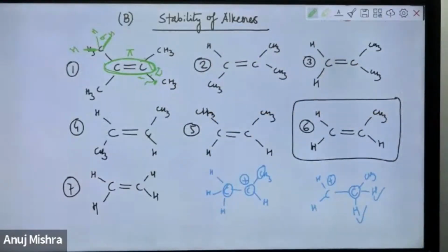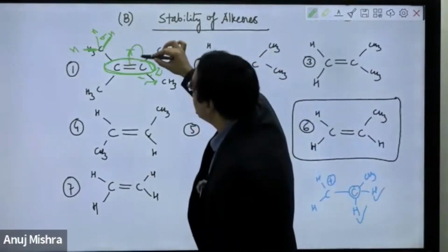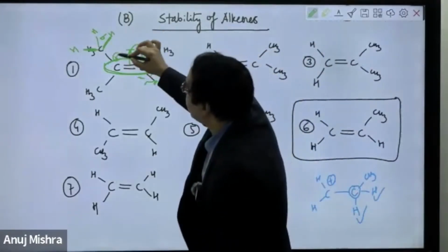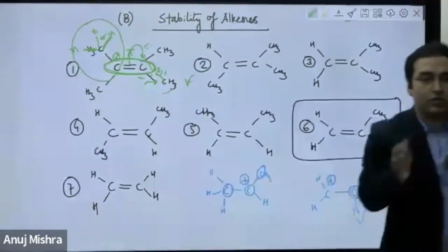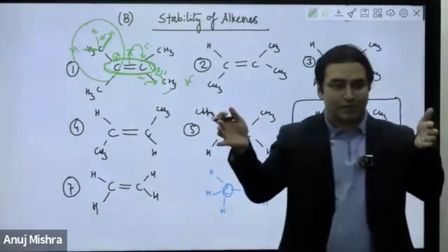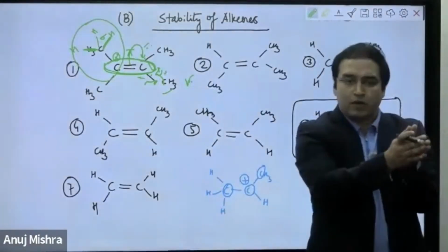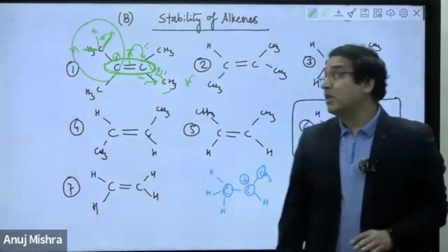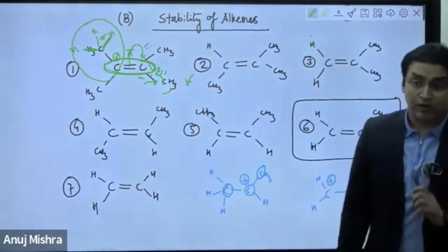When you want to discuss any kind of hyperconjugation in this, the possibility is: if I break this bond, keep negative here, keep positive here, I can again talk about hyperconjugation. Because when a double bond breaks as minus and plus, the plus and the next carbon with alpha hydrogen, we can talk about hyperconjugation. This is how we can talk about hyperconjugation for this scenario, or the stability of alkene.